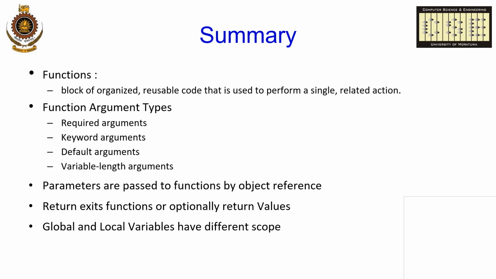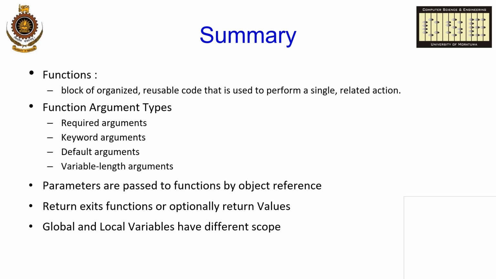Right, now it's time to summarize what we have learned in this lecture 6, functions. Functions are blocks of organized, reusable code. Each function is used to perform a single related action. The function name should be suggestive of that particular action.